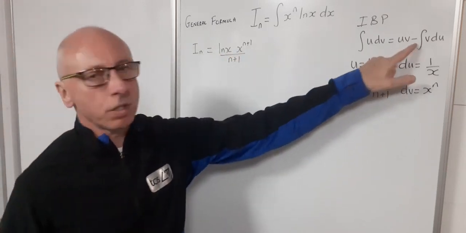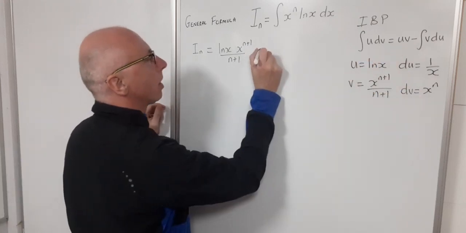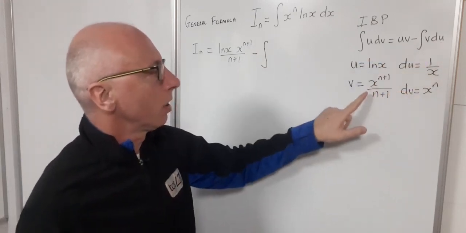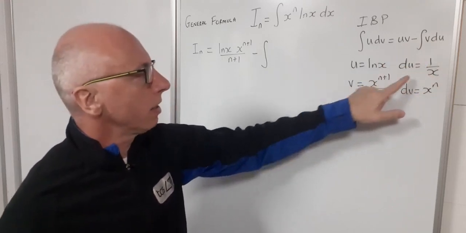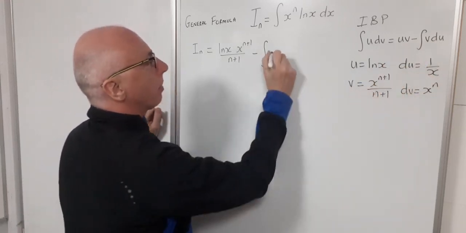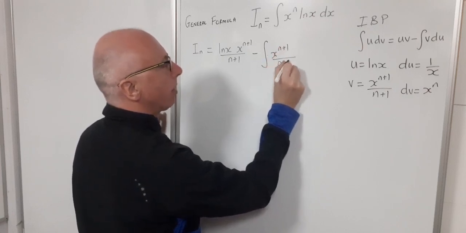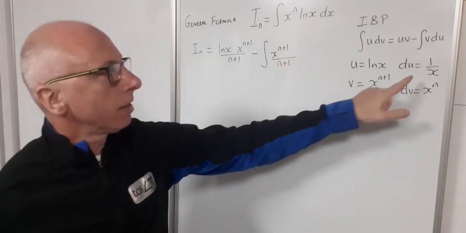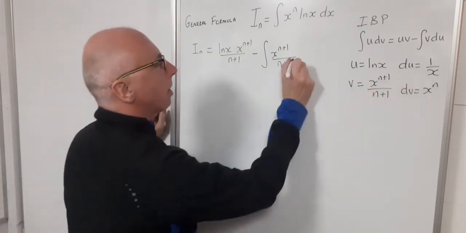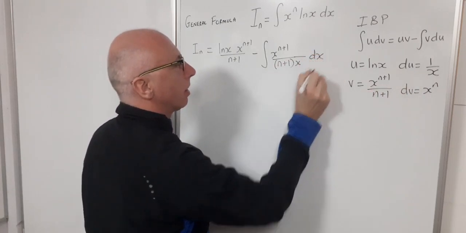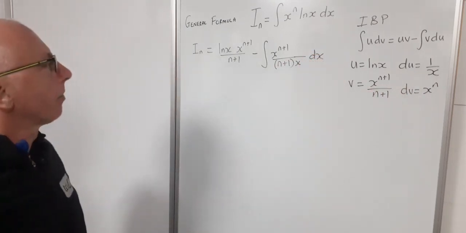So now I've got a new integral which I need to subtract from this, and it goes v times du. So v is this and du is this. So I've got x to the n plus 1 divided by n plus 1 times 1 over x. So I can put an x in my denominator, with regards to x.